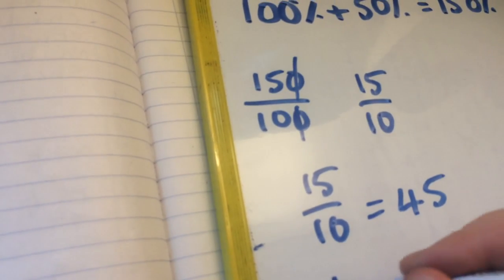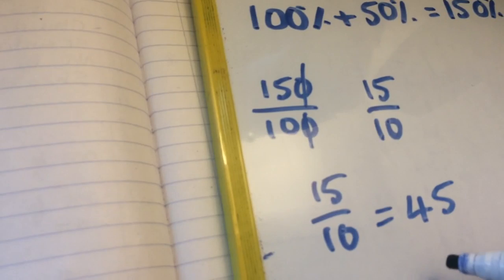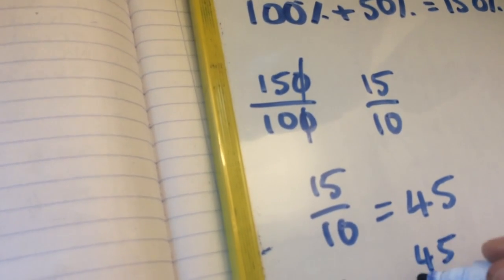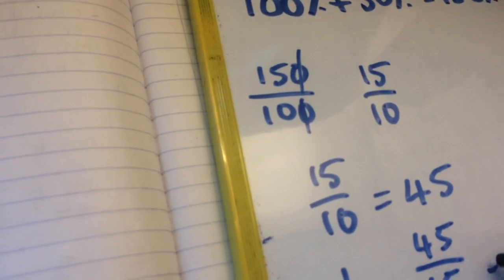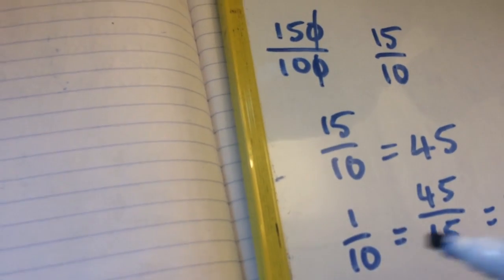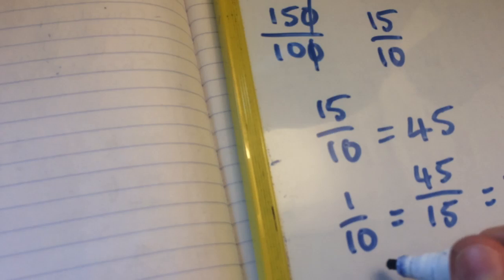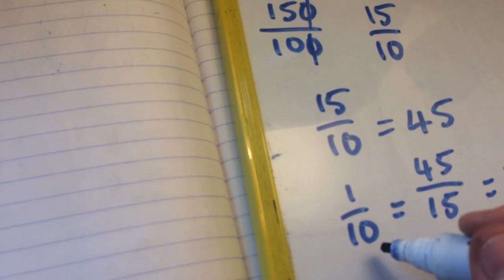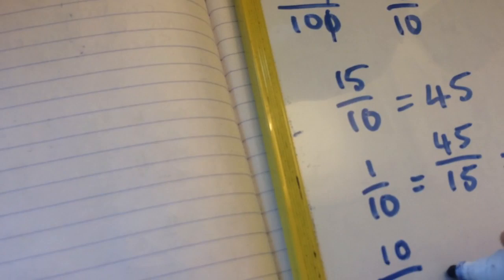So 1/10 would be equal to 45 divided by 15, which is 3. So our original is 10 tenths, which would be 3 multiplied by 10 equals 30.